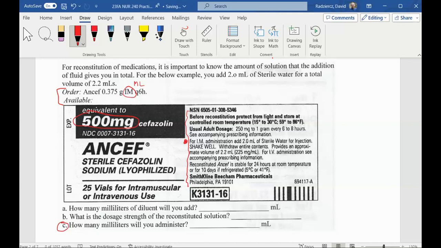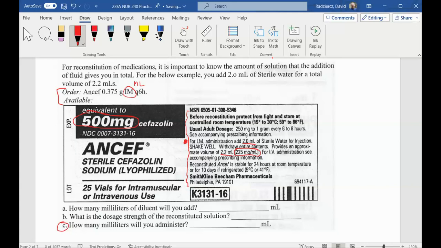It tells you to add 2 milliliters of sterile water, shake well, and withdraw the entire contents, which gives a total approximate volume of 2.2 milliliters. Believe it or not, we don't need any of those volumes, because what we're looking for is right next to the 2.2 milliliters, which is 225 milligrams per milliliter. That is the strength, or the concentration, for this type of medication.